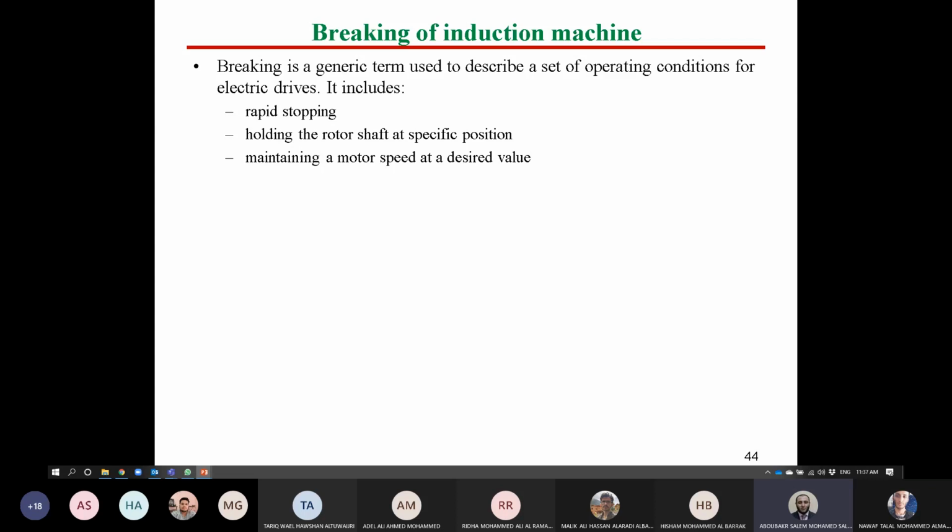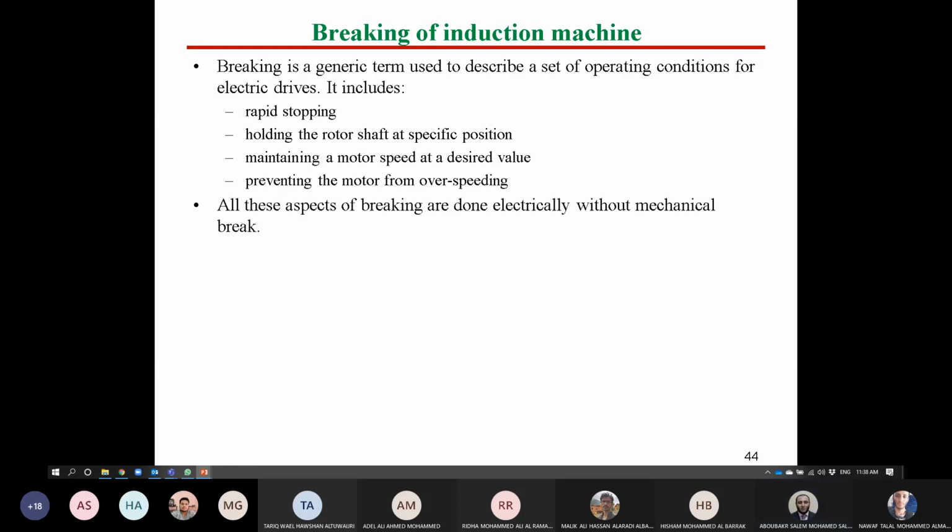So in speed control as well, we make a part of braking, and we will discuss it in curves, how we can do that. Also preventing the motor from overspeeding, which is a limitation on the speed to avoid overspeeding of the machine. All these aspects of braking are done electrically without a mechanical brake.